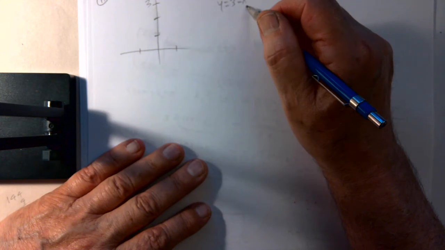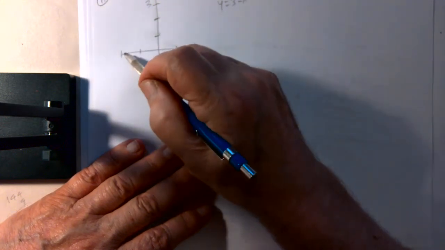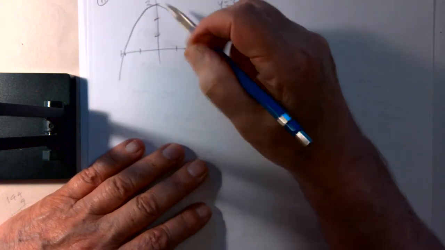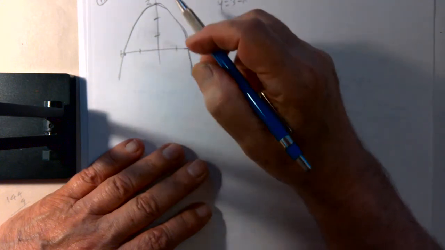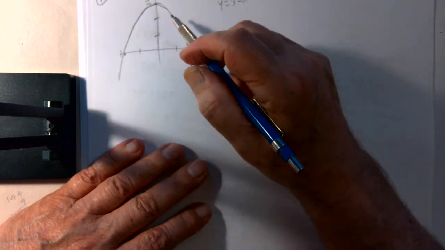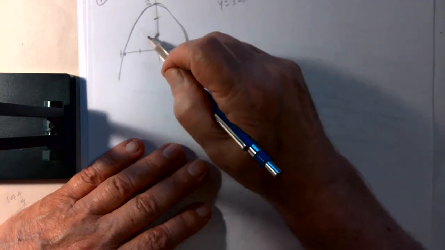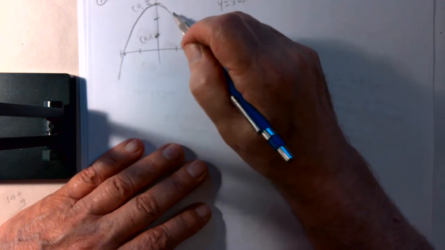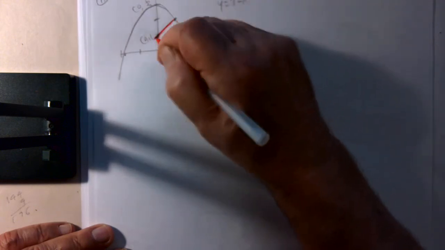When x is root 3, which is about 1.7, y is 0. Parabola looks something like that. And we want to find the points on the graph which are closest to the point 0, 1. This is 0, 1. This is 0, 3. So for any point on the parabola, we want to find this distance and minimize it.